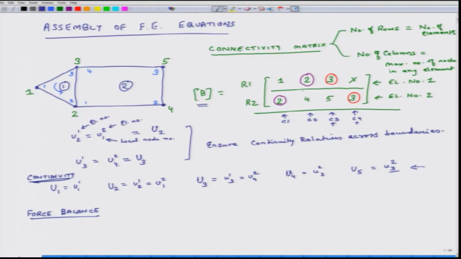The same connectivity matrix also tells us that force at global node 2 is equal to contributions from element 1, that is F21, plus contribution from element 2, and that is F22. Oh, excuse me, this is F21.